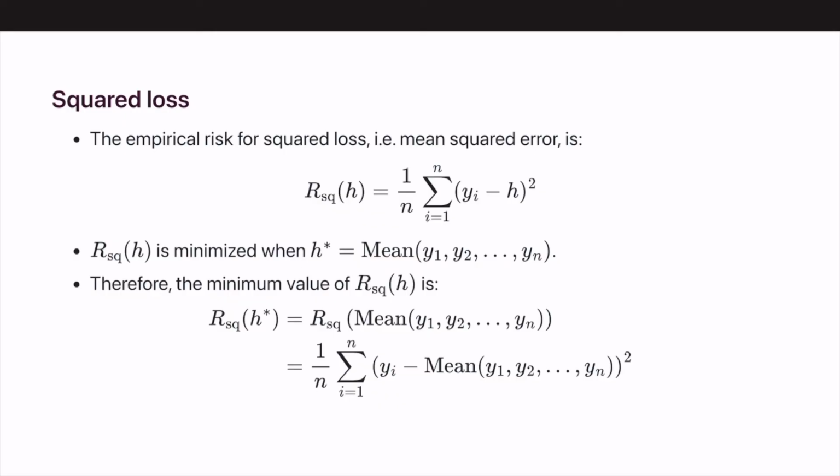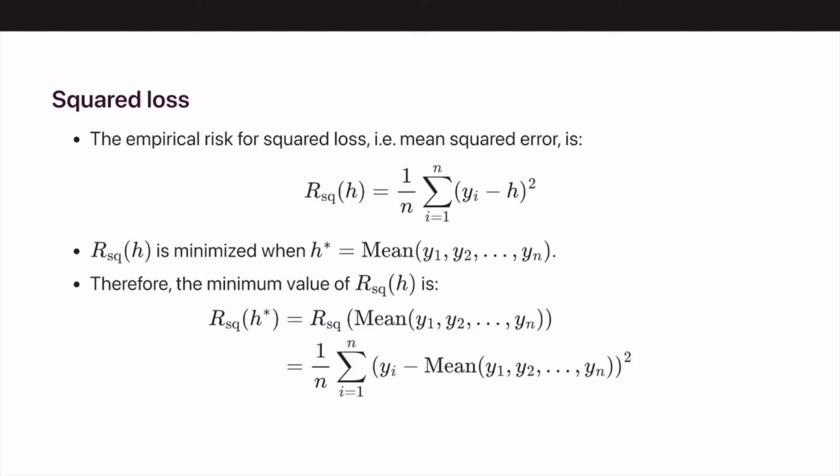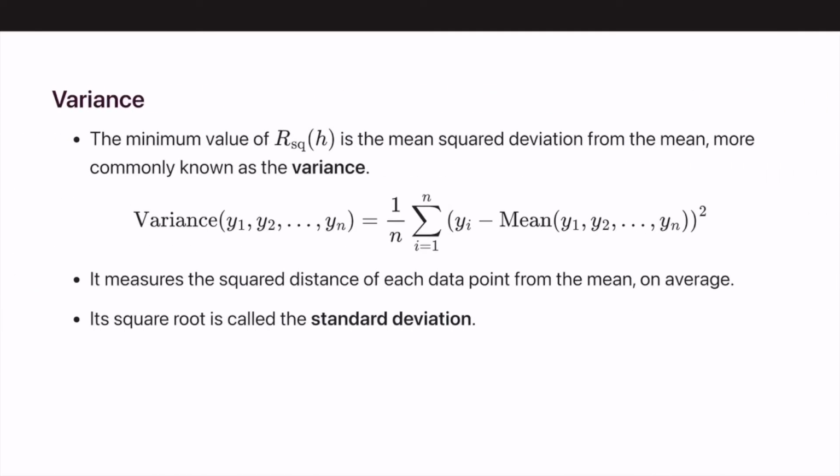So what happens if you take this mean that you found, this H star, and put it back into this equation? What do you get? That's what's down here, right? We've taken the mean and put it back in for H. And something really interesting happens. What you get out is the variance.